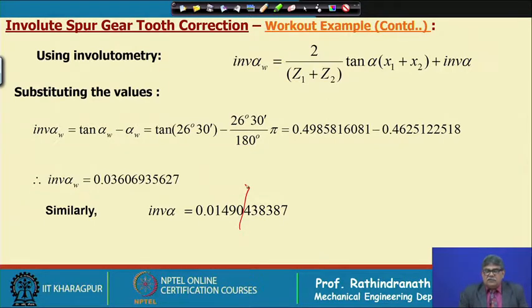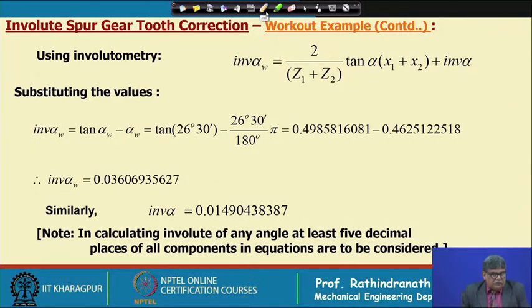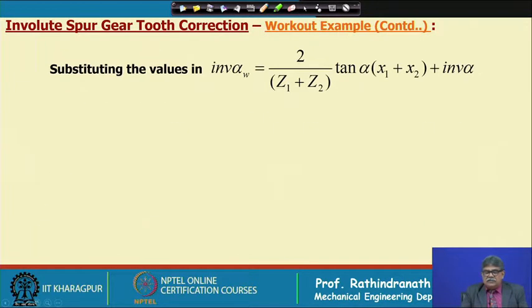So, one can remember this value for 20 degree pressure angle, involute alpha will be 0.01490. In calculating, as I have already discussed, we would take 5 decimal places.